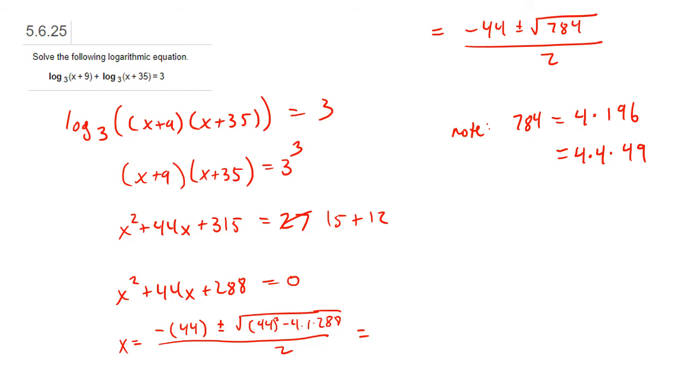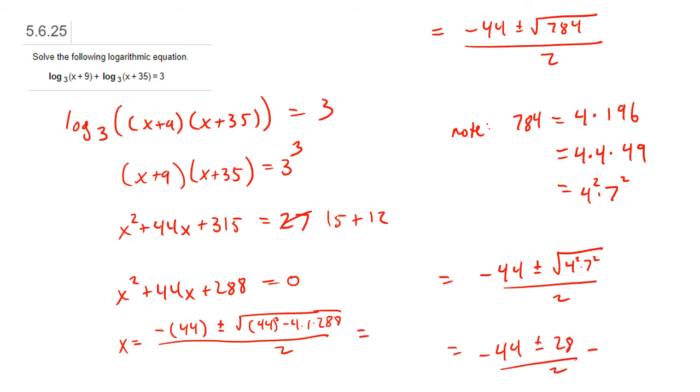So 4 times 4 times 49 is 4 squared times 7 squared. So we have negative 44 plus or minus the square root of 4 squared times 7 squared all over 2. So negative 44 plus or minus 28 over 2. In other words, negative 22 plus or minus 14.